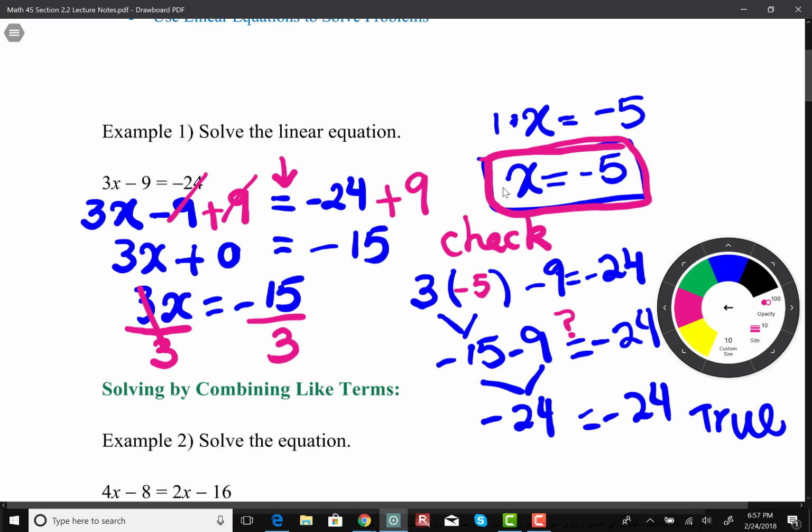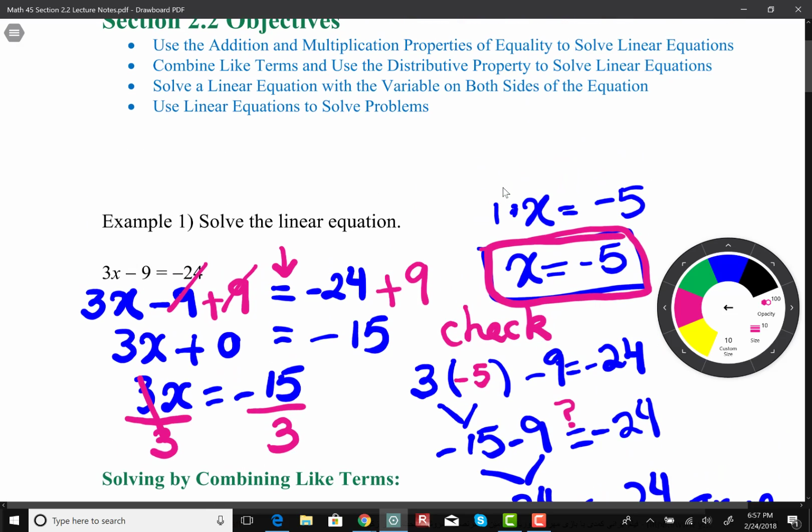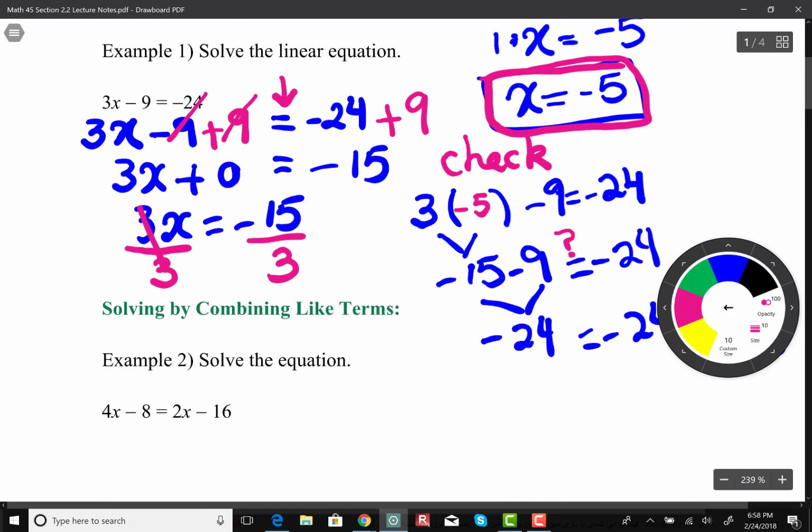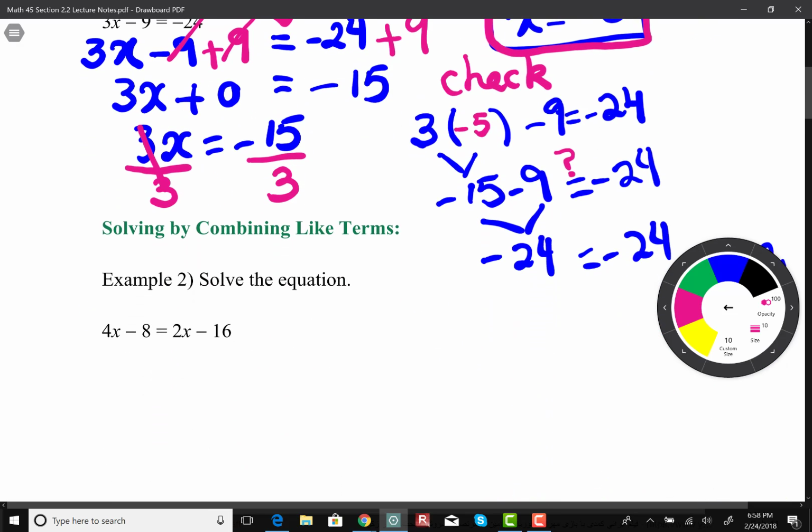Okay, let's look at the next objective: combining like terms and using the distributive property. For this example, we just learned how to combine like terms, just as part of this objective. Look at this example.